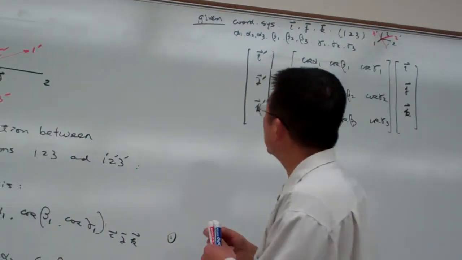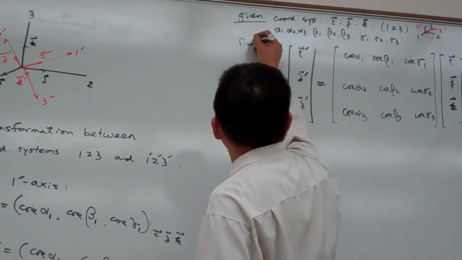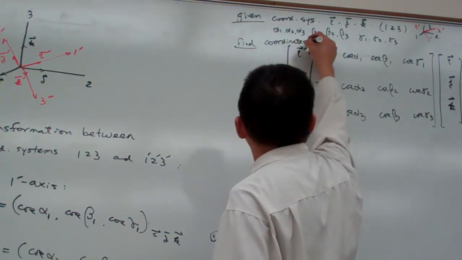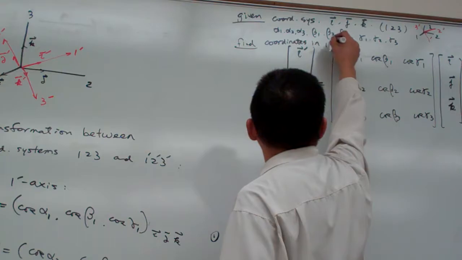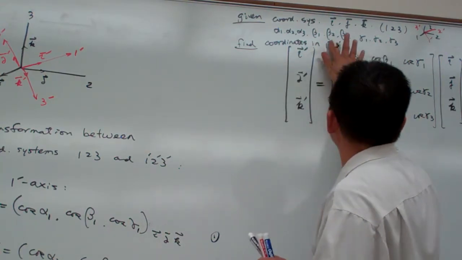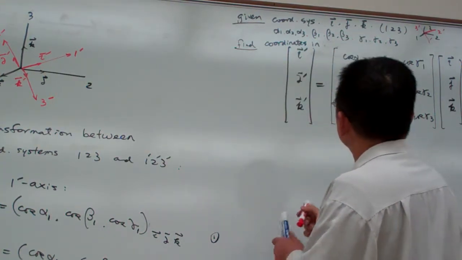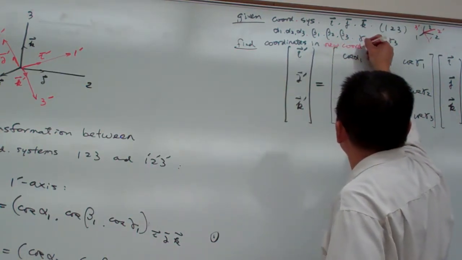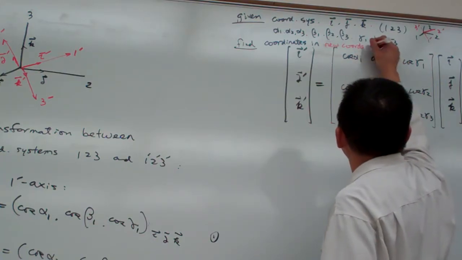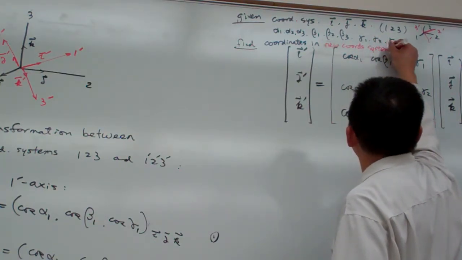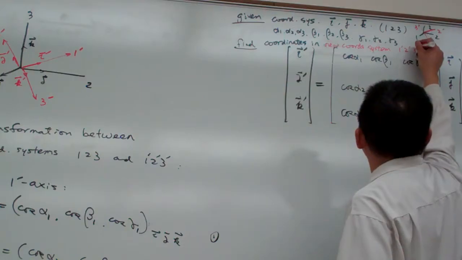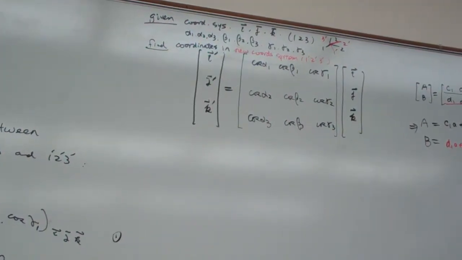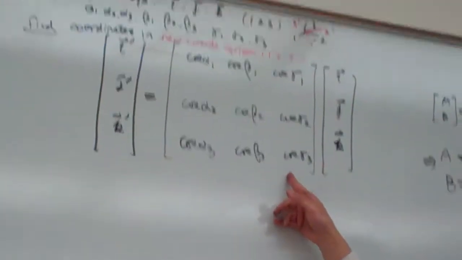So we're going to find the coordinates in 1, 2, 3 prime. That is our problem statement.